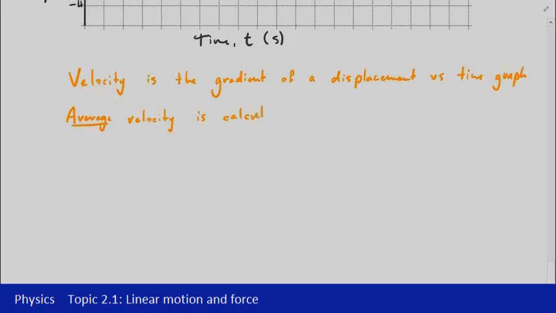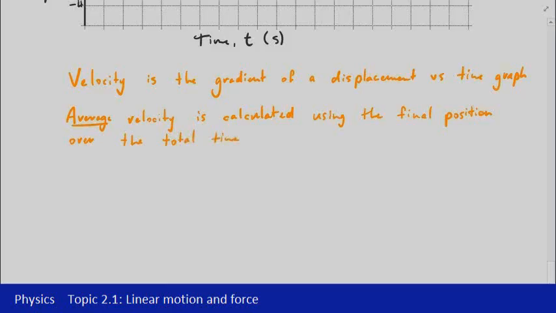So average velocity is calculated using the final position. I should mention here as well that this example is only in one dimension, so sort of a straight line motion. And so it makes it a little bit easier. If you start getting into 2 dimensions, it's a little bit more complicated. But still just the final position over the total time taken.